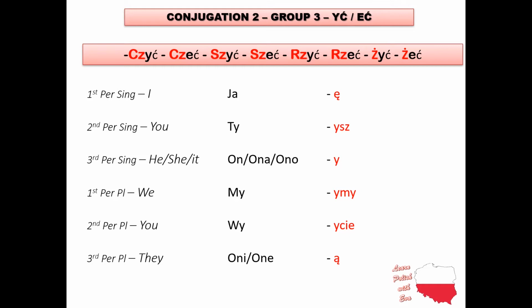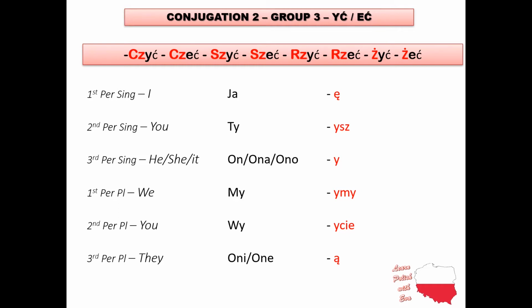First of all, group 3 has the endings of yć and eć. How do we distinguish it? Well, as I said, by the letters marked in red, but the good thing about this group is that it's easy to spot because it consists of the double letters of the Polish language, which are ch, sz, cz, and also the specific singular ż that we also have.